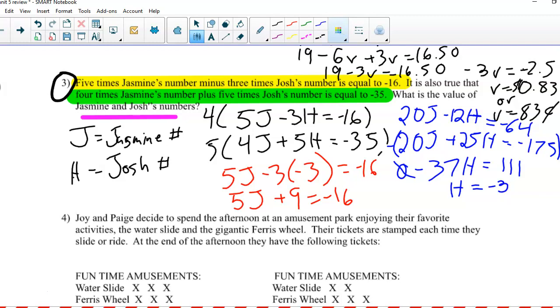How would we solve for j? Subtract 9 on both sides, so then we have 5j equals negative 25. What is j? Negative 5. So h is negative 3 and j is negative 5.